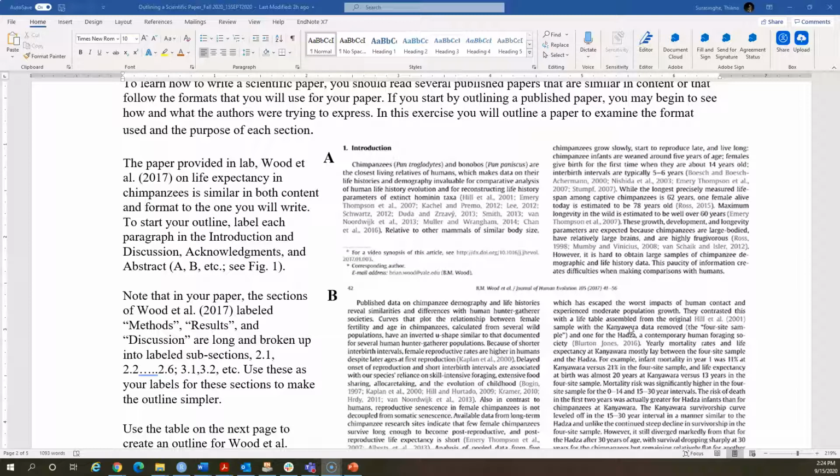As a start, to start the outline, the first thing to do is, as you see in this particular Word document, label the sections. To be a little bit more precise: intro, methods, results, discussion, literature cited, all of those sections, label them as A, B, C, and so on, right?